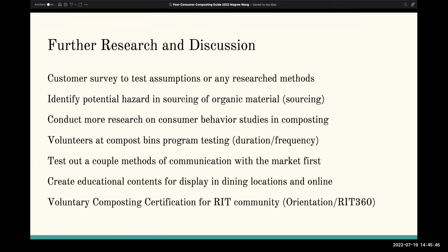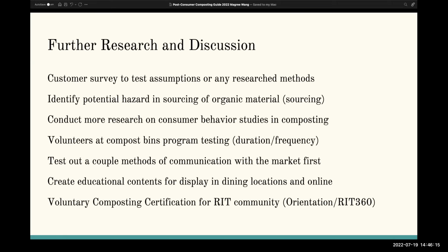Yeah, so there definitely needs to be more testing. I think it would be good to see the different methods, such as having some digital content on the display screens in dining locations versus having a website and a QR code to the website for information on composting for the RIT community to scan and learn about.